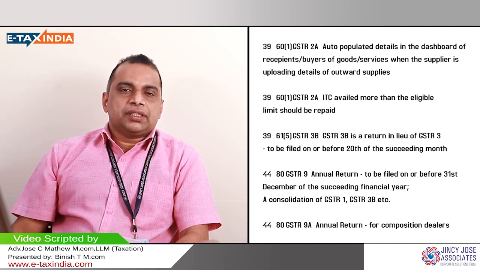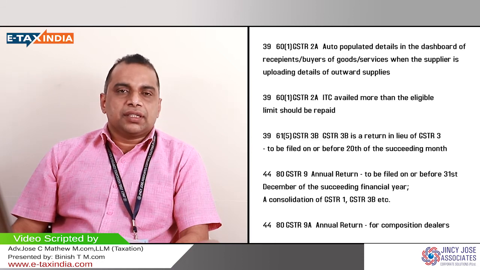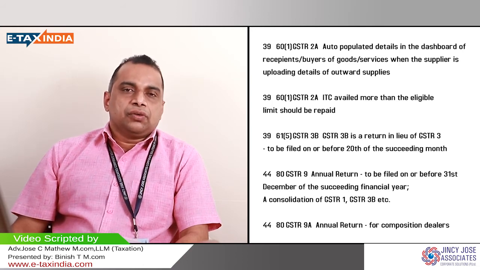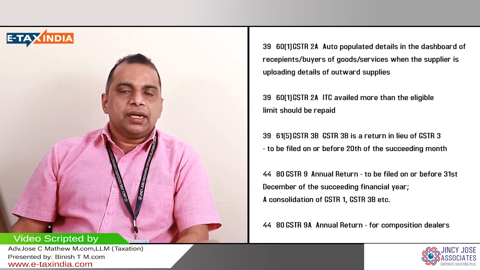When we are furnishing GSTR 3B on or before 20th of the succeeding month, our tax liability, if any, will be displayed automatically, and we have to pay that amount to file the return. Without payment of tax, the return will be invalid. So we have to pay the tax to make it valid.